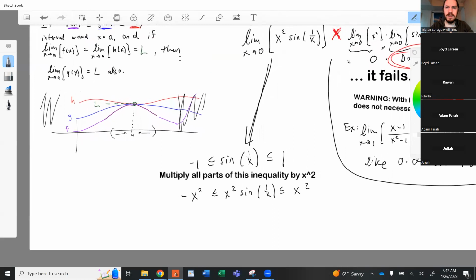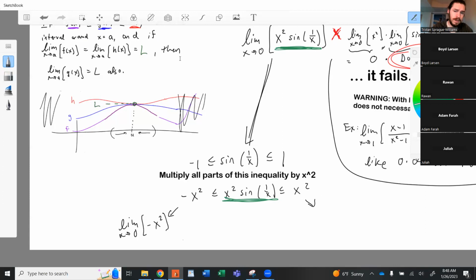And you'll notice now that I've done that, the function we're asking for the limit of lies right in between these two other functions. So here we have an inequality of functions with the function we're curious about in the middle. Below it, we have -x squared, and above it, we have +x squared. So then we can examine the limit of the bottom one and the limit of the top one as x approaches 0.